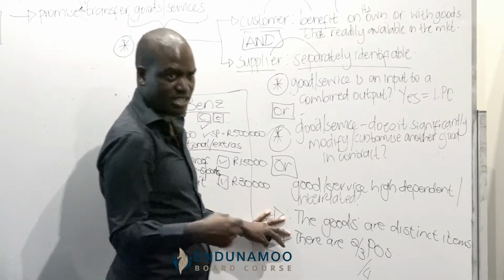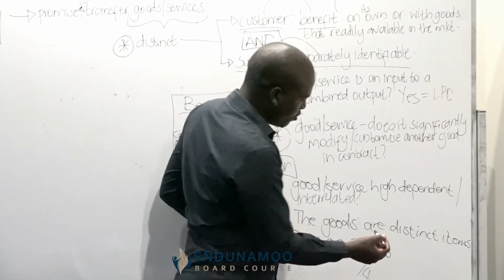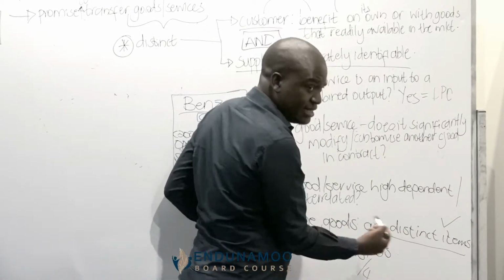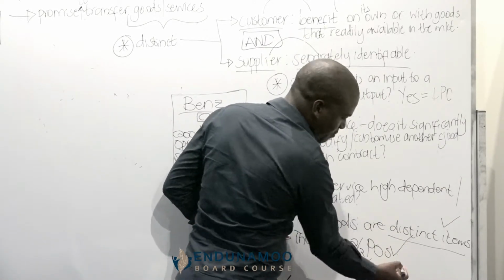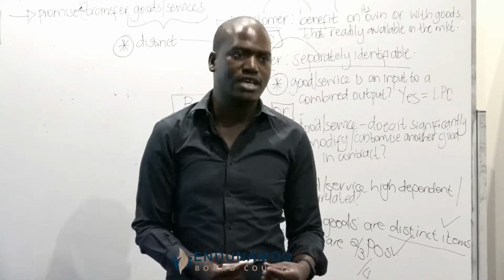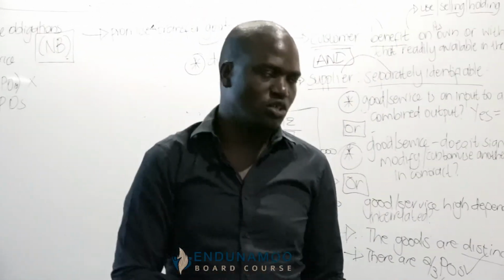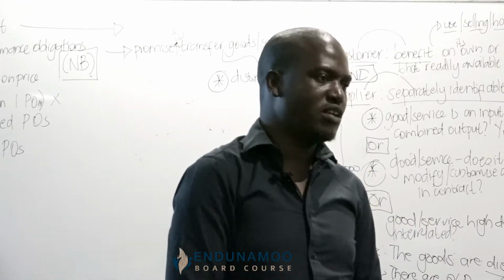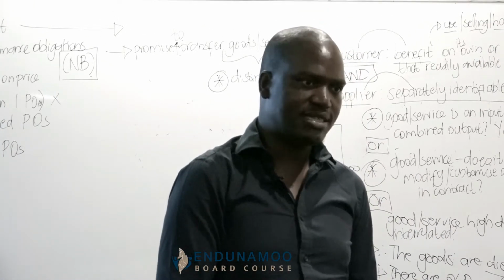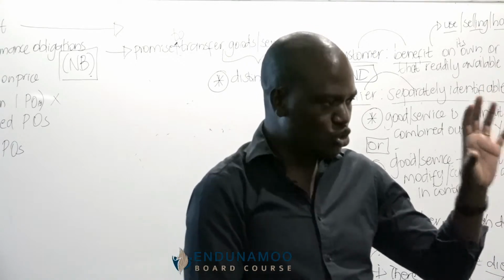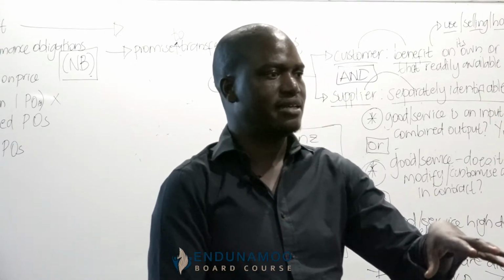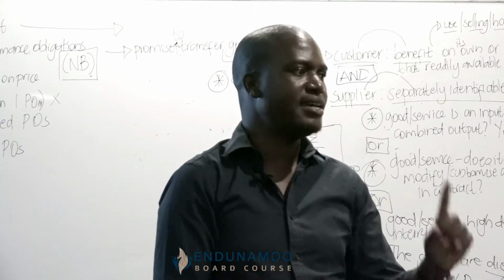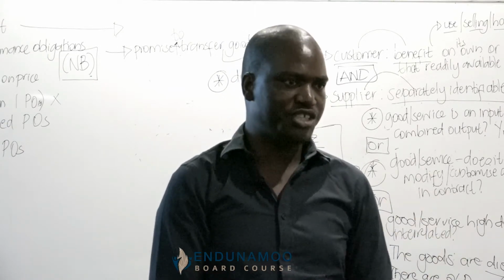Sometimes some examiners give these 2 marks. So you have concluded that the items are distinct, and you know that if they are distinct, then you've got more than one performance obligation. So they can consider those as being 2 separate marks. So don't forget to conclude whether the goods are distinct or not. If you have assessed and found that the goods are not distinct, then you need to say that the 2 goods are not distinct, therefore, we need to consider them as a single performance obligation.